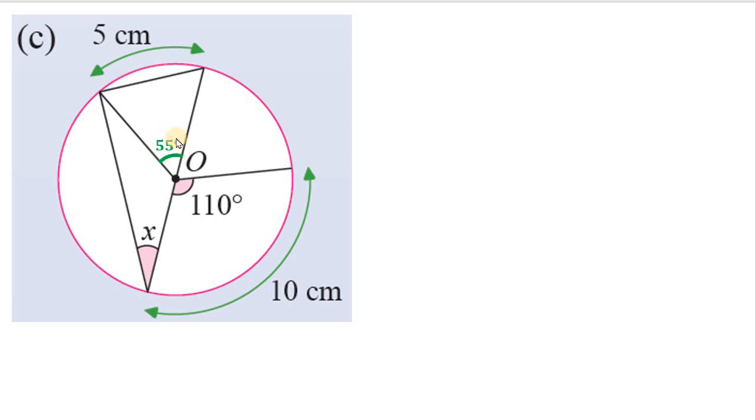Why am I finding this angle? I find this angle because I know that x and this angle are subtended by the same arc. Looking at x and this 55, they are subtended by the same arc. When they are subtended by the same arc, the angle at the center is twice the angle at the circumference.